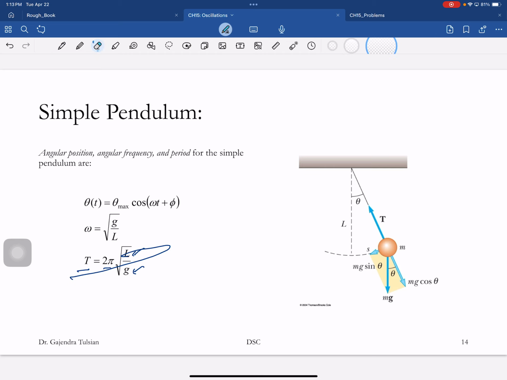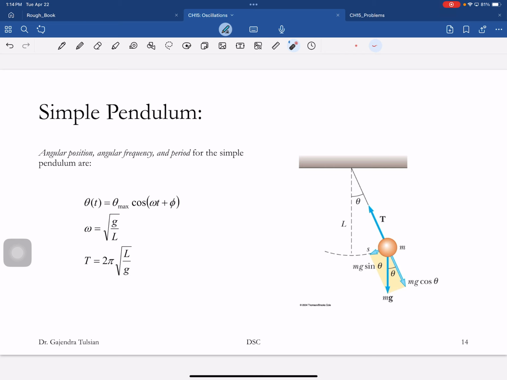So this gives you an idea for clocks. Depending on the length, you have the period. So if you have a period of 2 seconds, you can use that for a clock, or 1 second, or whatever. You can also use this to determine the acceleration due to gravity of the object you are on.